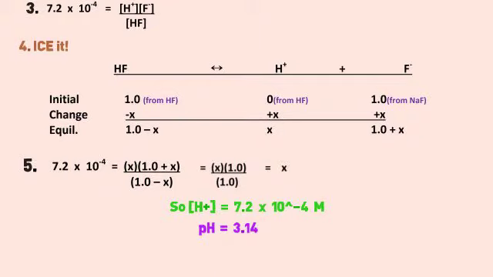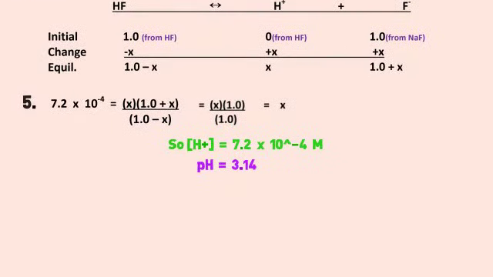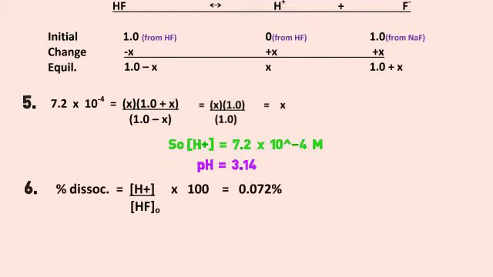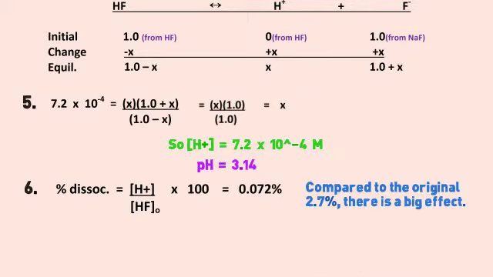So the pH is 3.14, which is quite different from the other one. The percent dissociation is 0.72%, which is quite different from 2.7.